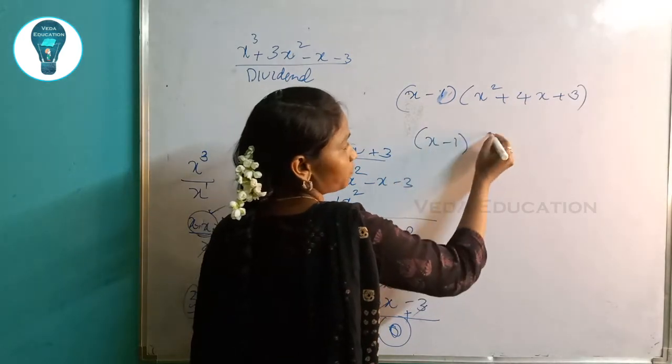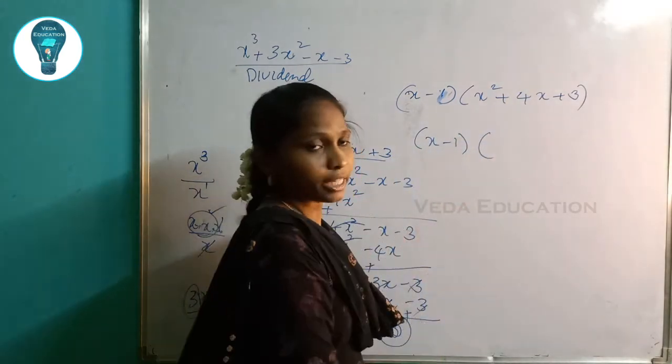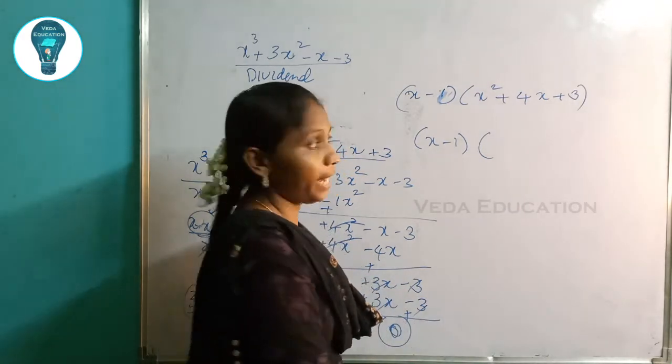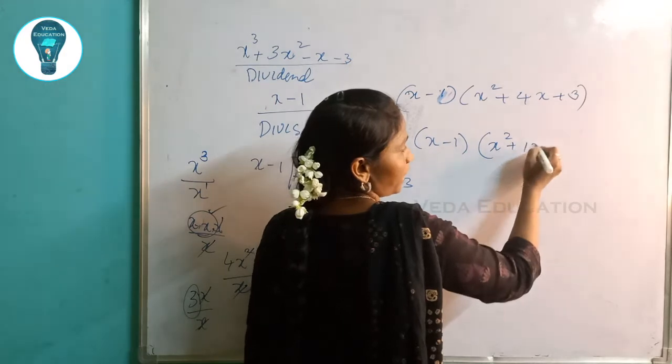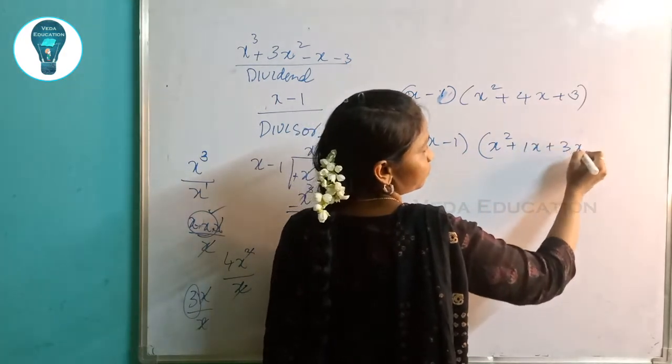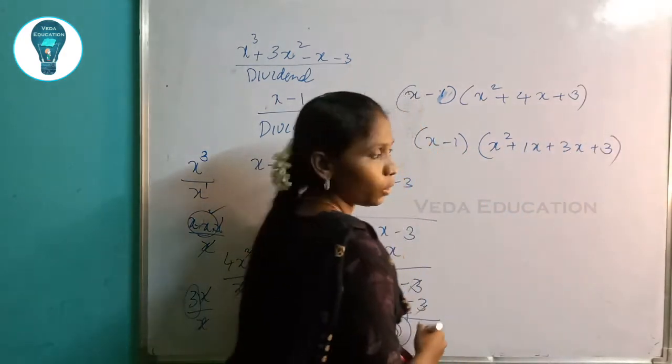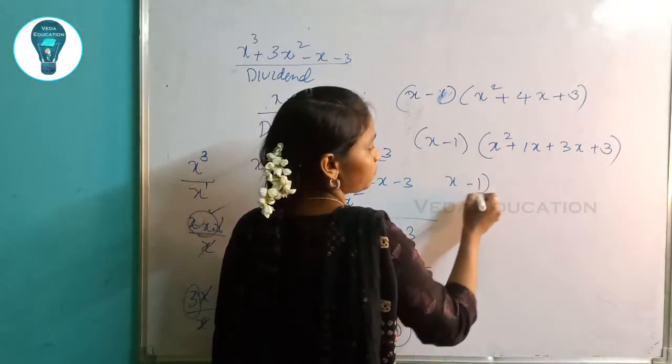x minus 1. Here 3 factors we will consider. 3 ones are 3 and 3 plus 1 is 4. So consider it: x square plus 1x plus 3x plus 3. Okay. x minus 1.